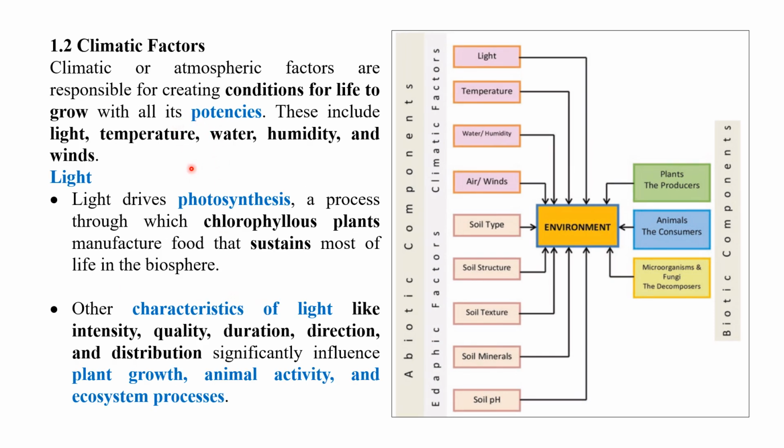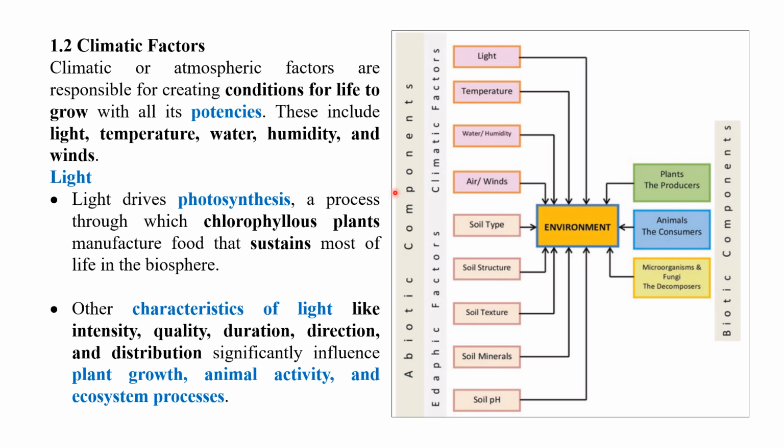The next factor is the climatic factor, also called atmospheric factors, which are responsible for creating conditions for life to grow with all its potency. These include light, temperature, water, humidity, and winds. We can see climatic factors in this diagram also.